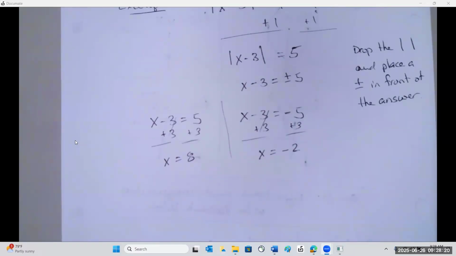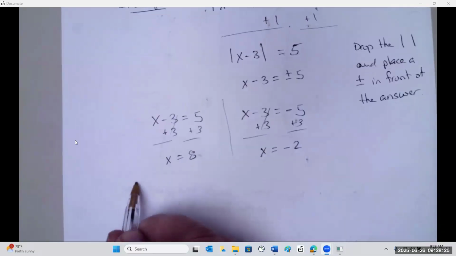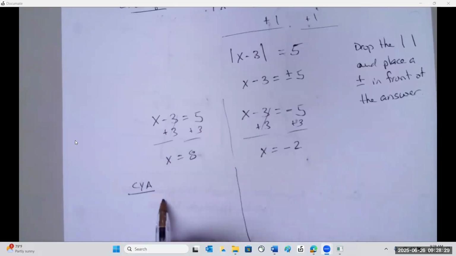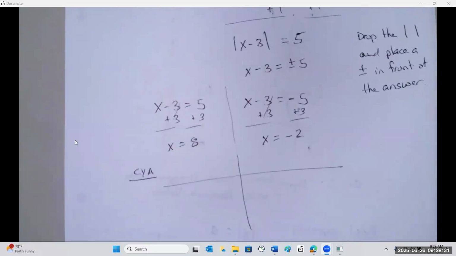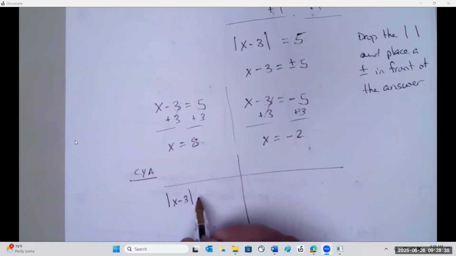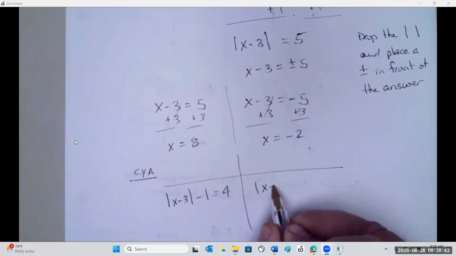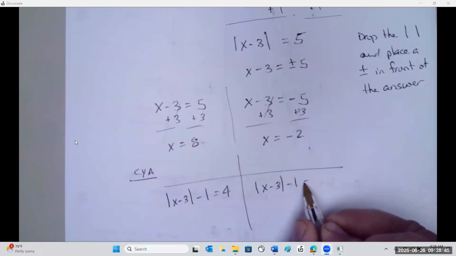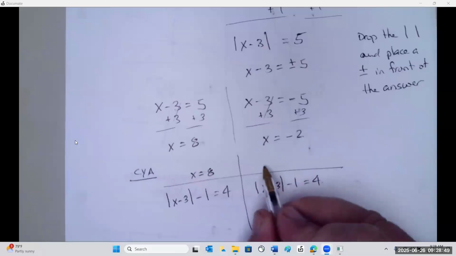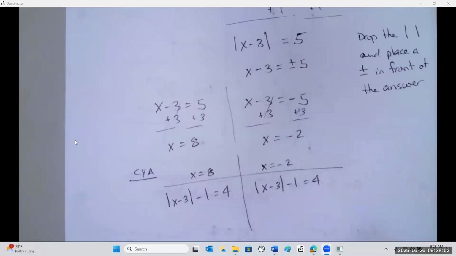Always check your answer. Because our original equation was the absolute value of x minus 3, minus 1 equals 4, I'm going to check to see if x equals 8 works and if x equals -2 works.